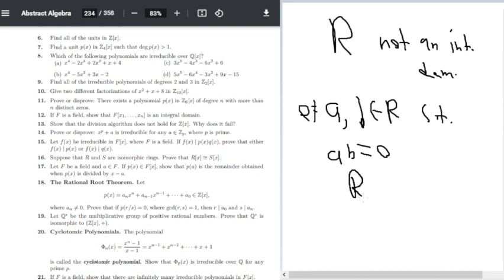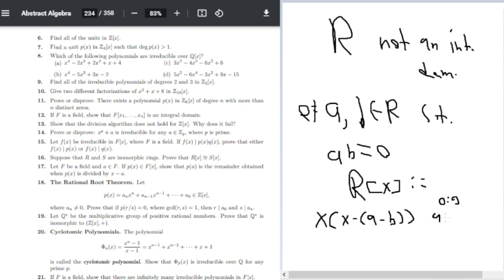Now we define in R[x] the polynomial, which we can write in factorized form, x times x minus a minus b. Now at 0, this will evaluate to 0.